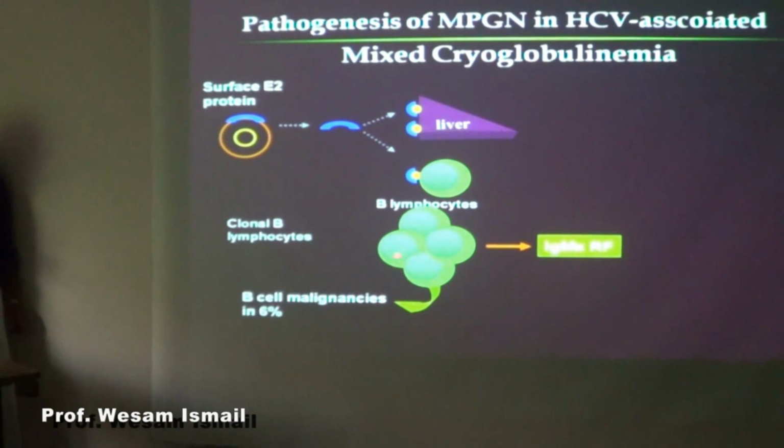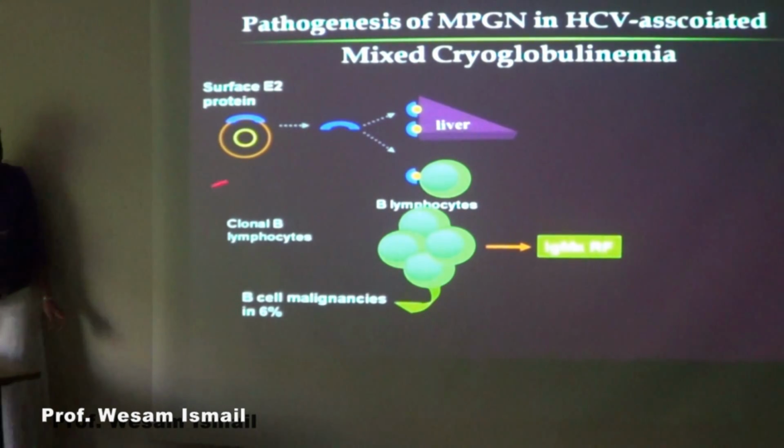This clonal proliferation at a certain stage switches to monoclonal proliferation, and these patients have B-cell malignancies up to 6%. And B-cell malignancies means that these patients can have lymphomas and can have myelomas as well.